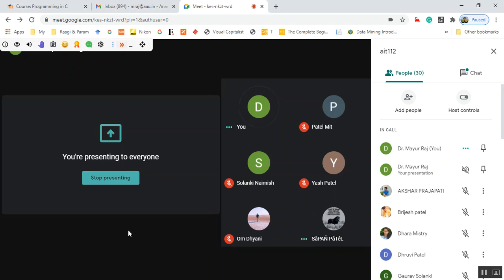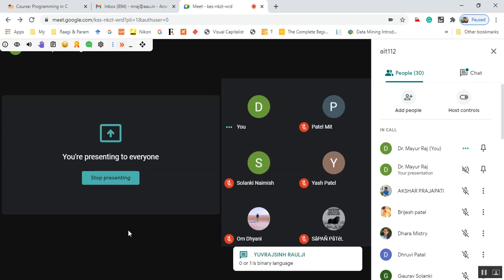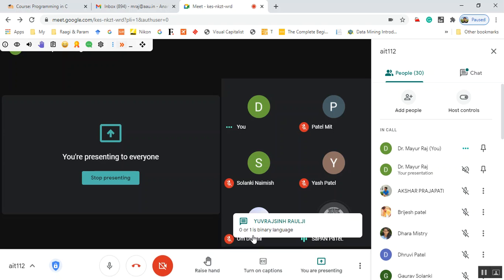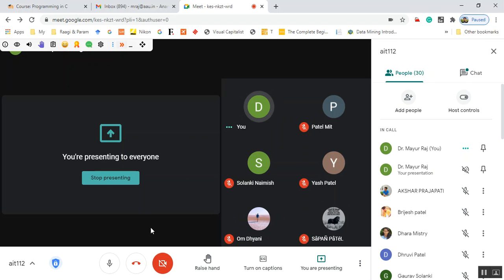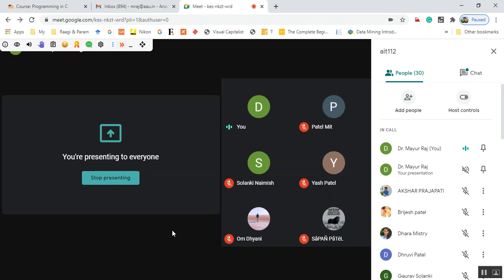Yes, Sapan. Sir, it is a language which uses 0 and 1 for the input of data. Okay, 0 and 1 is a binary language. Sapan says 0 and 1. Okay, binary language comprises only two numbers.